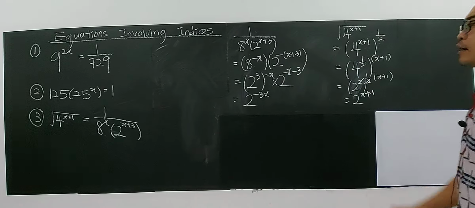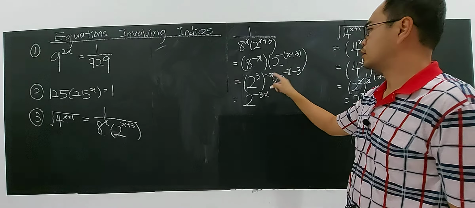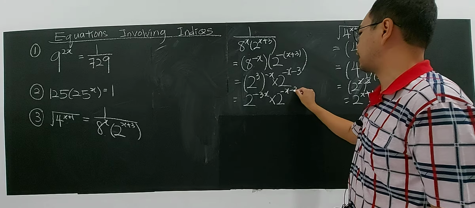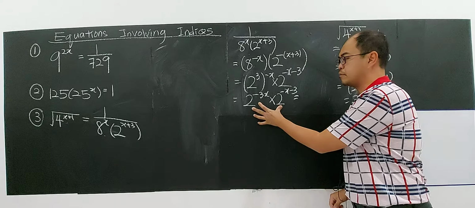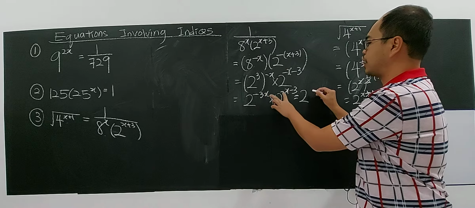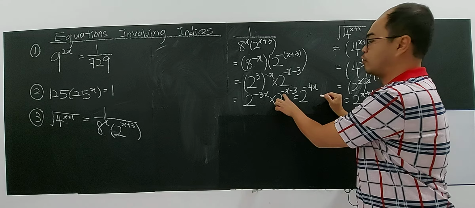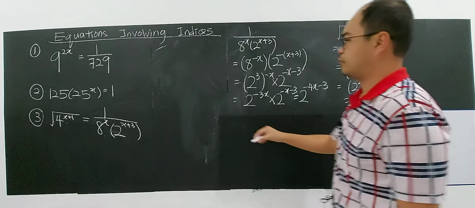Then multiply with 2 to the power of negative x minus 3. Since this is multiplication and the bases are the same, you add up the indices. You add up negative 3x plus negative x, you have negative 4x, and negative 3. This is for the right hand side.